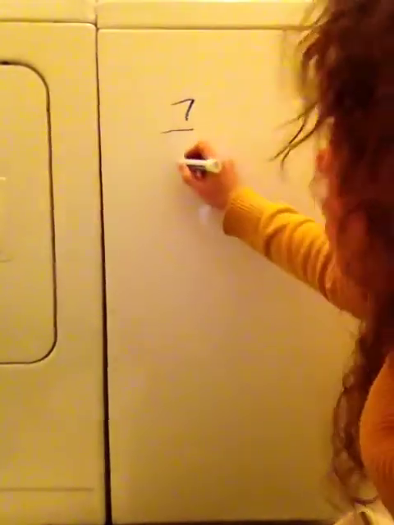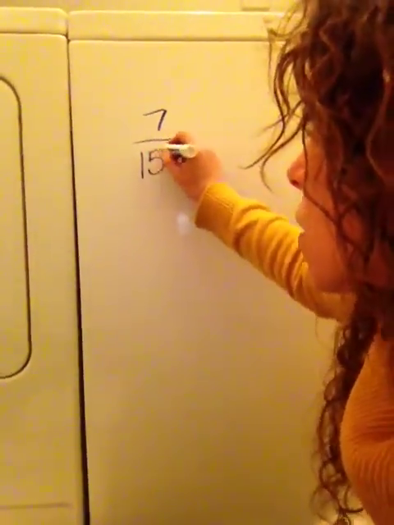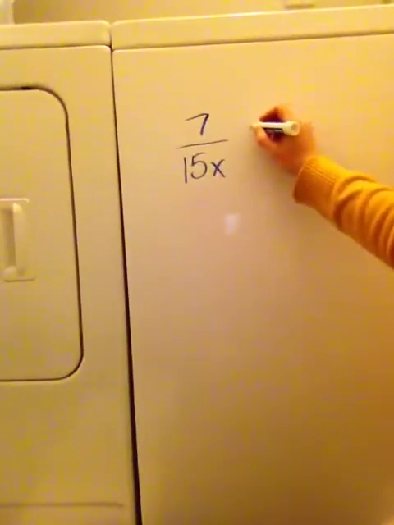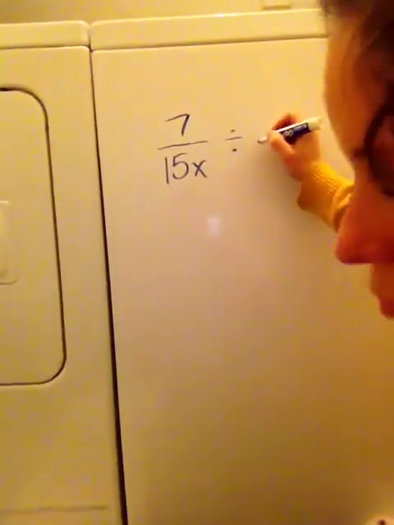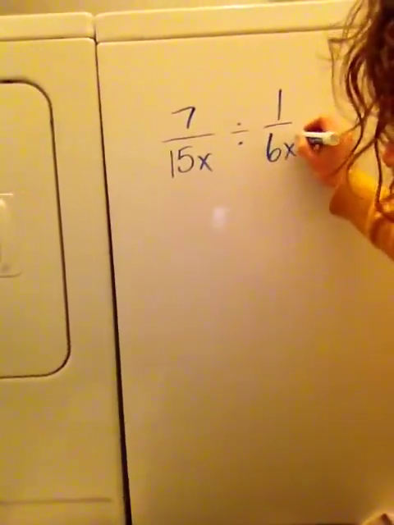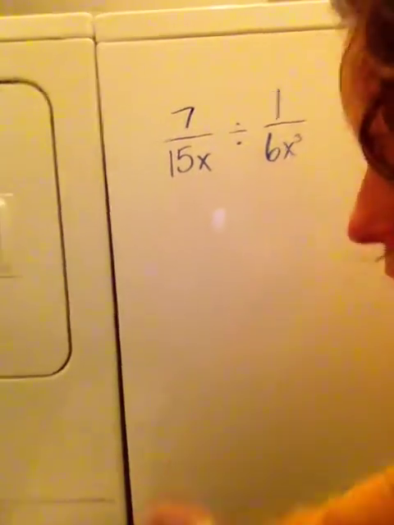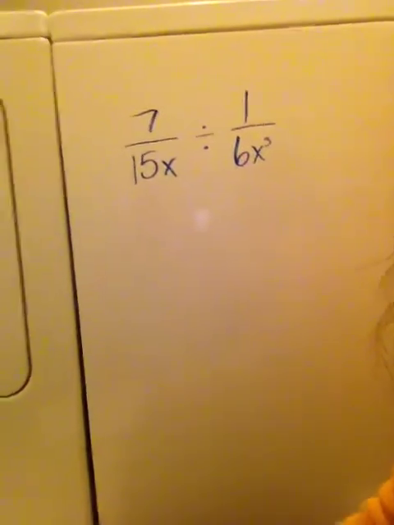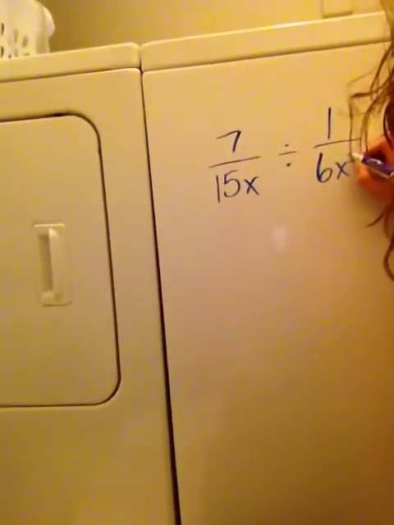Okay, so let's do some with variables. If I have 7 over 15x divided by 1 over 6x to the third, you're not going to treat it any differently than the problems we've been working with variables and multiplying.